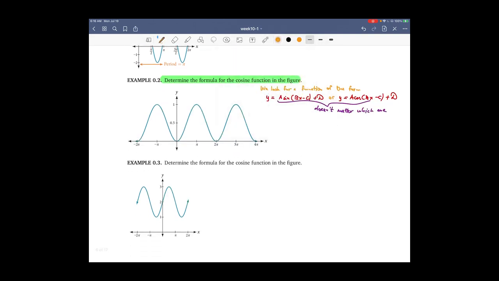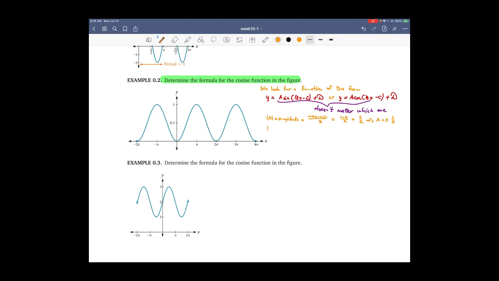A, for instance, or rather absolute value of a, being the amplitude, which is half the difference maximum value minus minimum value, is 1/2, because maximum is 1, minimum is 0, so that's 1/2. Therefore, a is plus minus 1/2.